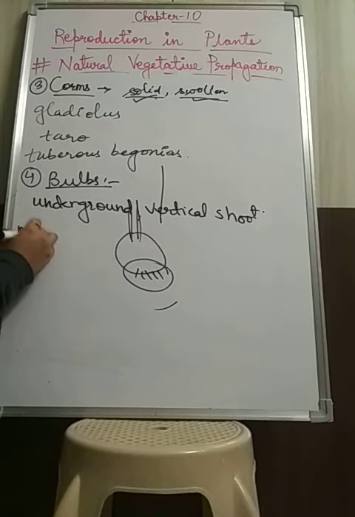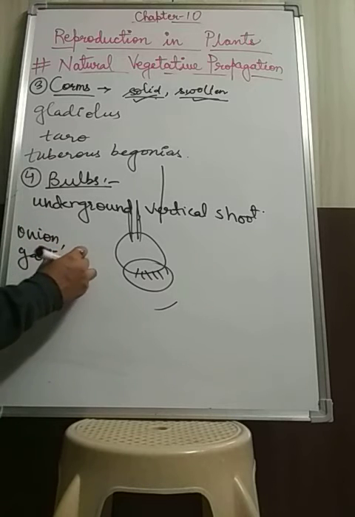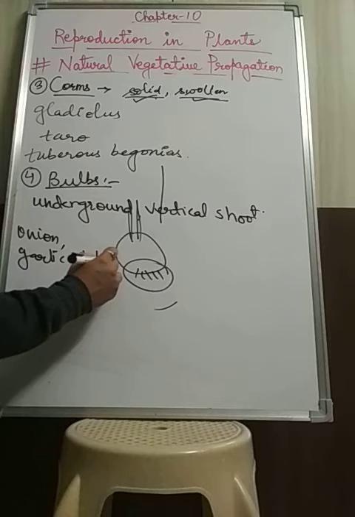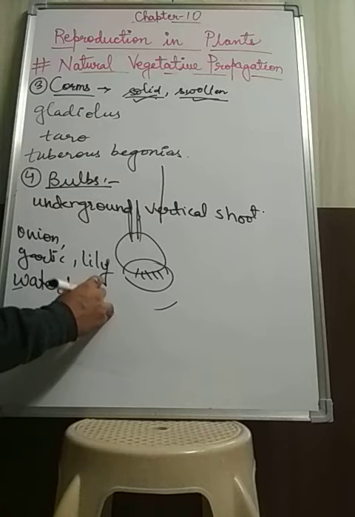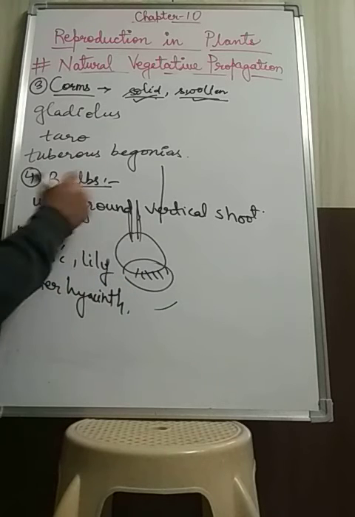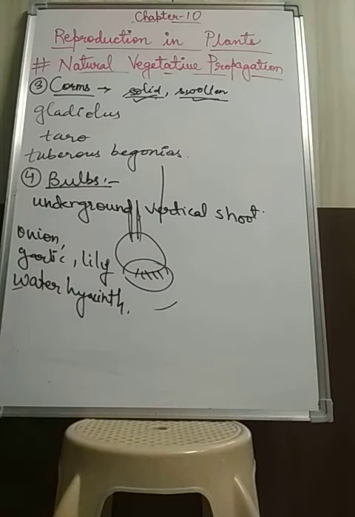For example, onion, garlic, lily and water hyacinth. They reproduce by forming bulbs.